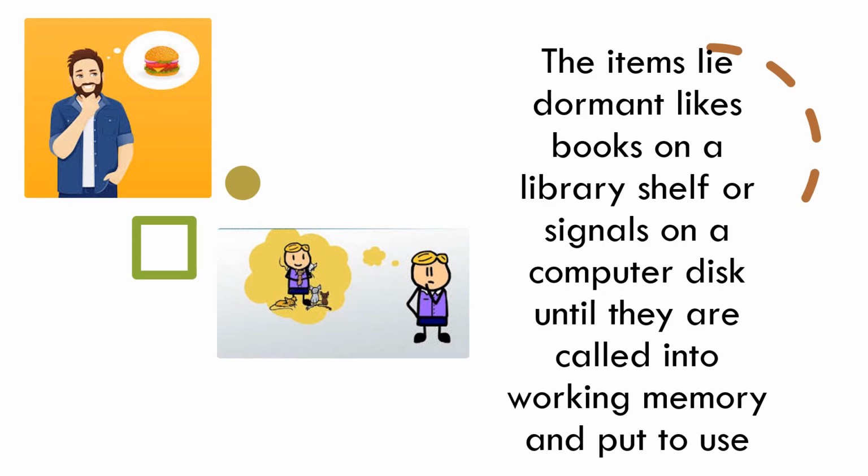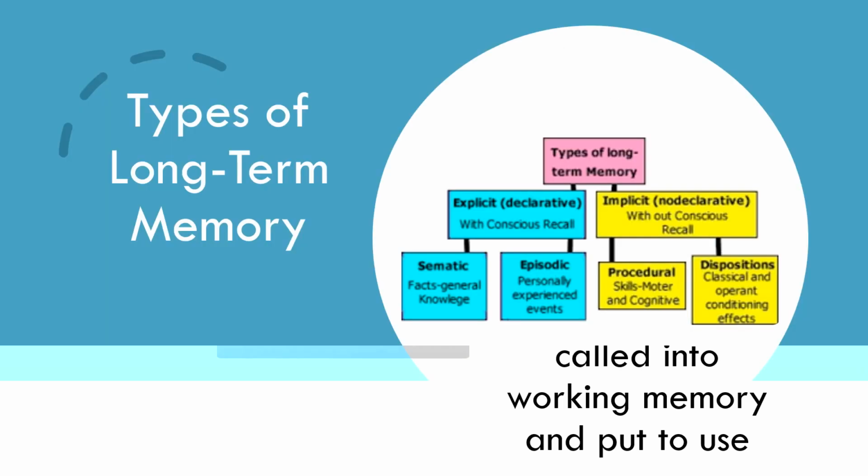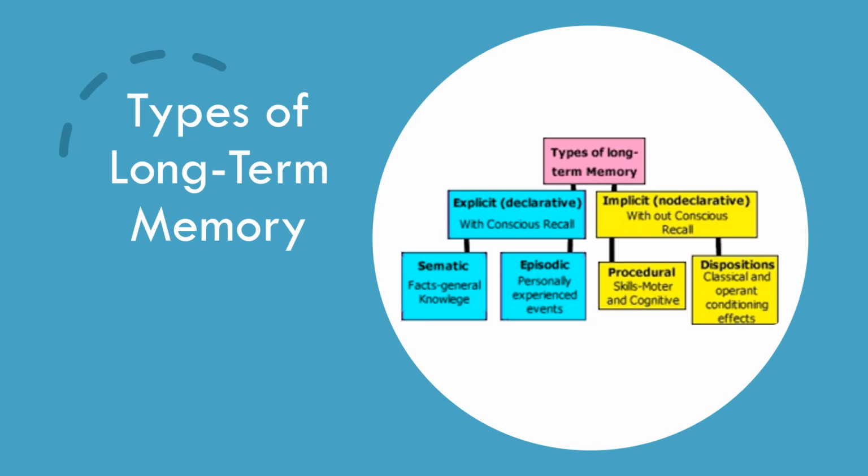There are types of long-term memory. We can divide long-term memory mainly into two parts, explicit memory and implicit memory. Explicit memory is declarative, whereas implicit memory is non-declarative. We can divide explicit memory again into two parts, semantic memory and episodic memory.